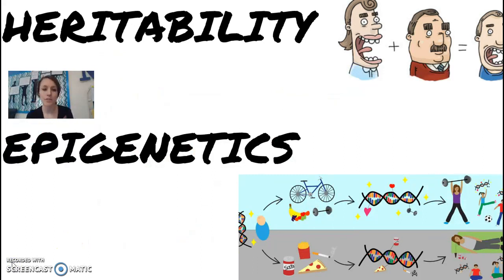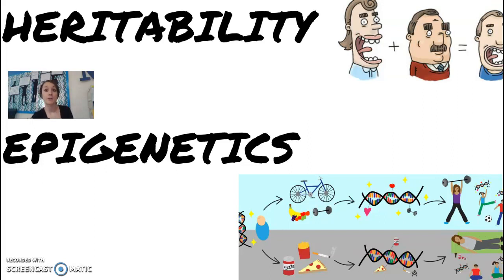Okay, so now we're going to talk about heritability and epigenetics. So heritability is just the extent to which we can say that a trait that you have, maybe it was your height or your intelligence, to what extent is that genetic? So intelligence is largely genetic. It has a high heritability.